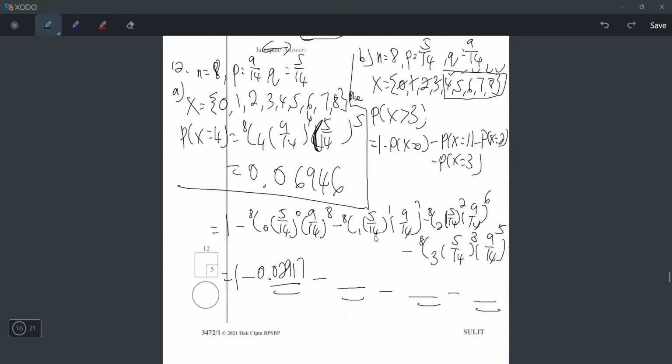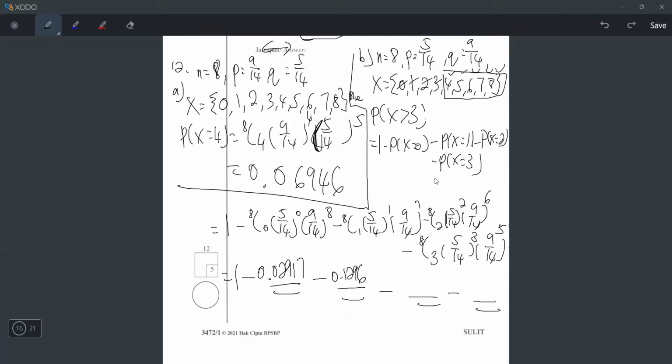0.02917. Okay, the next one. 8C1 times bracket 5 over 14 close bracket times bracket 9 over 14 close bracket power 7. That gives 0.1296. And then 8C2 times bracket 5 over 14 power 2 times 9 over 14 power 6.